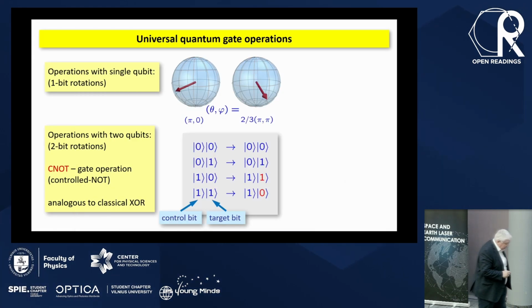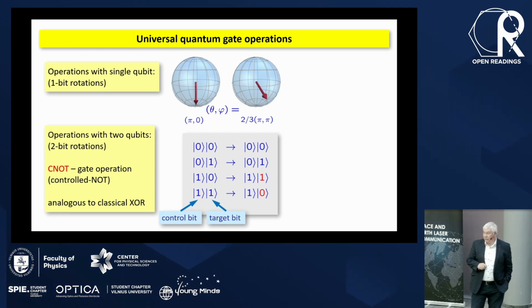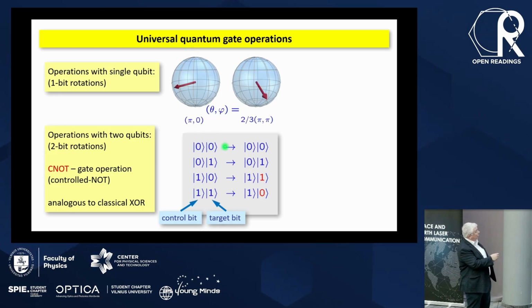Okay, what do we need in order to do that? As in a classical computer, of course, we have to start with an initial state. That initial state is somewhere here, the arrow pointing up or down, but we have also to be able to place it at an arbitrary position. That's necessary. The more important thing is we need an equivalent of a gate operation, equivalent to the classical Boolean XOR operation.